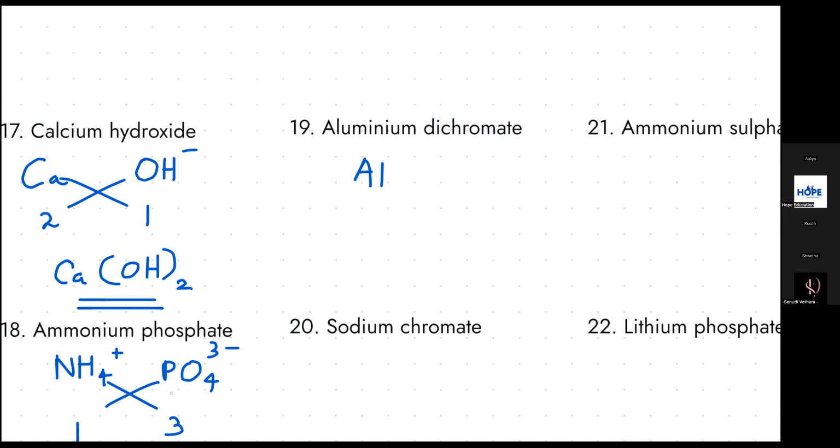Cr2O7 2 minus. Yes, that's correct. Then what is the valency of aluminium? 3. What is the valency of dichromate? 2.